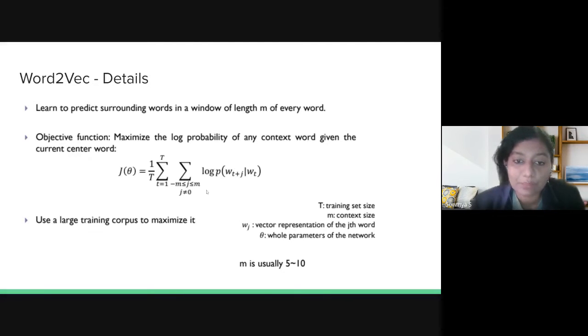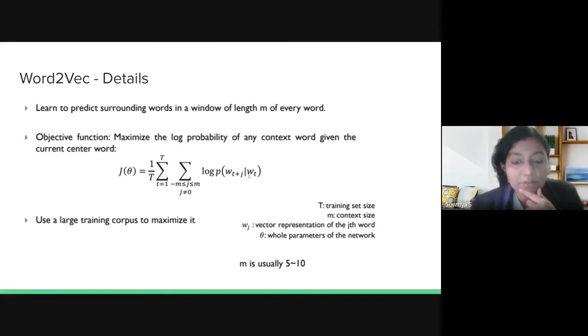Minus m to m suggests the context that we are summing over, and T is the size of the data set. Now, previously in TF-IDF, we saw log was used to bring the scale together. If I have log 1000, it will come down to a number like 3 or 4. That was the advantage of using log there.